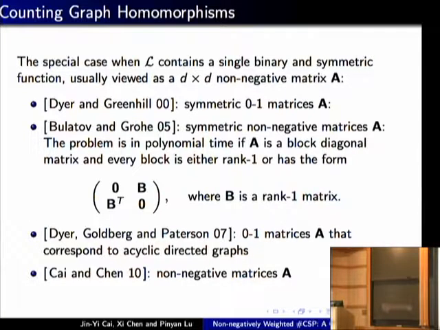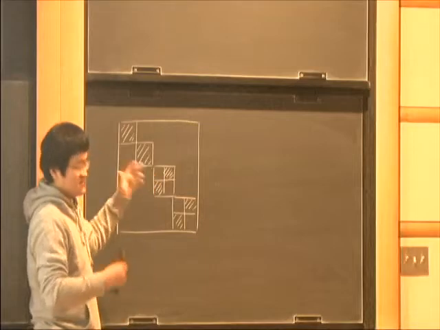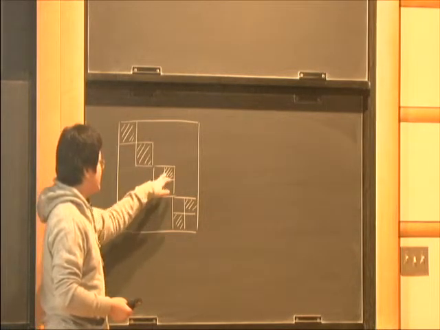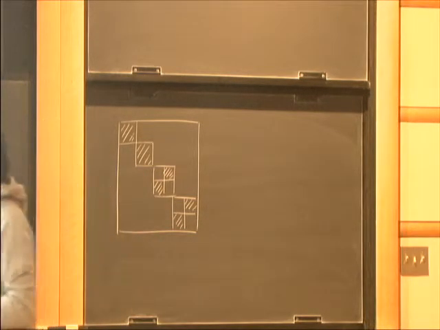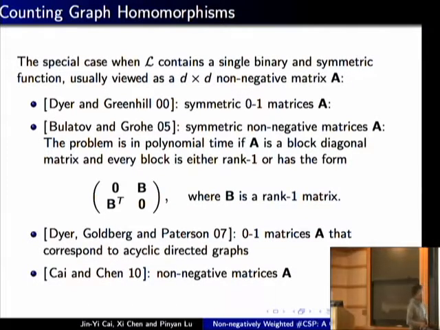So all the tractable matrices look like this: you have all these blocks, and every block either is completely rank 1 or has 2 off-diagonal rank 1 blocks. These are the only tractable cases, and if your matrix does not look like this, then it is already #P-hard.